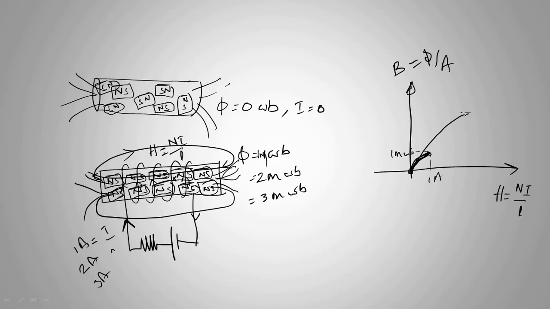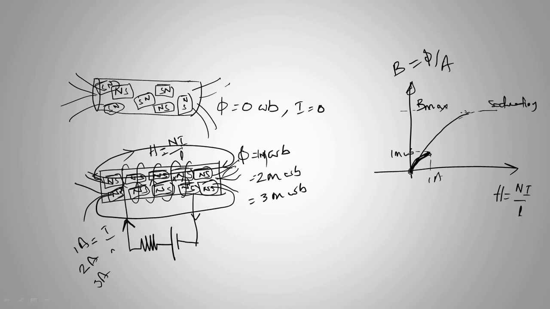The flux is constant, which we call B max or phi max. That point we call the saturation point, because there are no more dipoles to orient in a particular direction. So the initial part of the hysteresis curve exists like this.